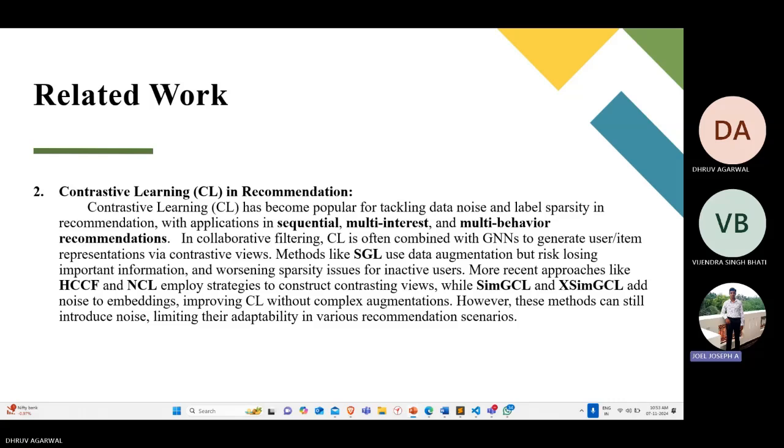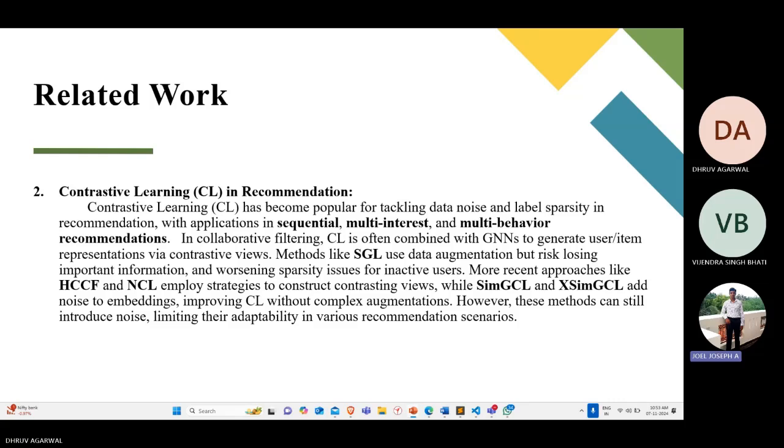In CF, CL is often combined with GNNs to generate user-item recommendations. One more method, SGL, uses data augmentation, but this has a risk of losing important information and worsening sparsity issues for inactive users.